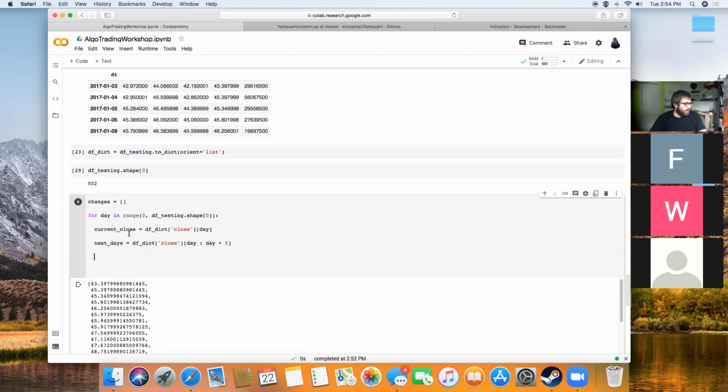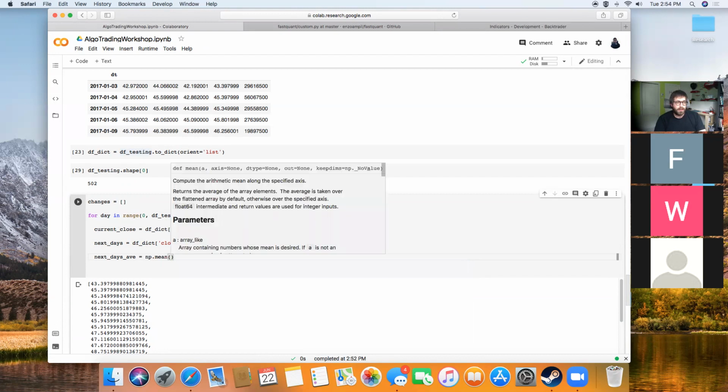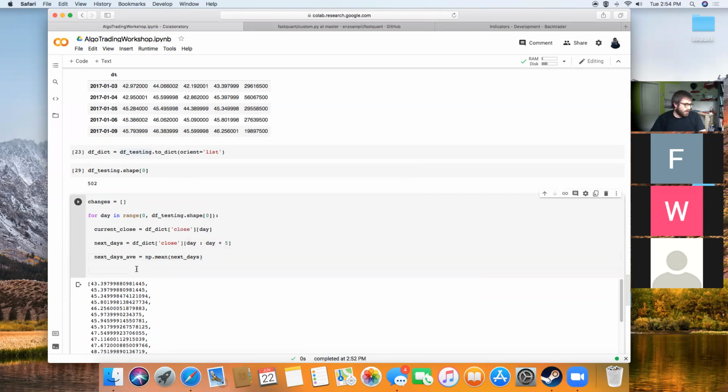Now we can simply get the average of these next days. We can use NumPy, get the mean of these next days. This simply gets us the average of the next 5 days based on whatever day we are at. So we have it here.